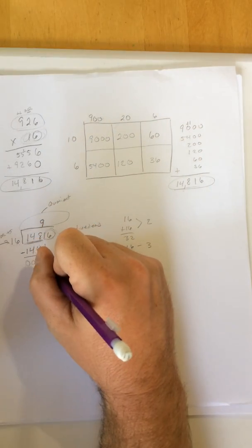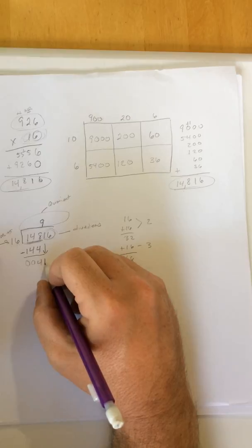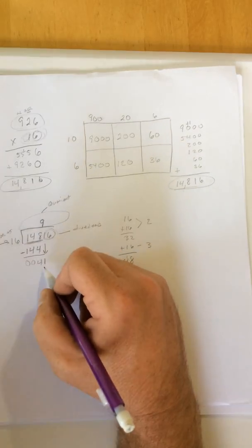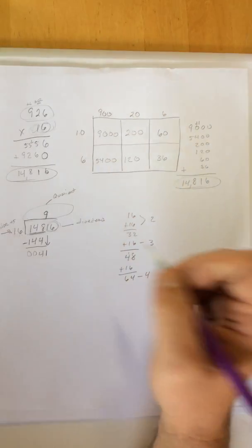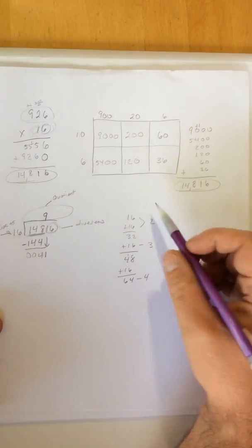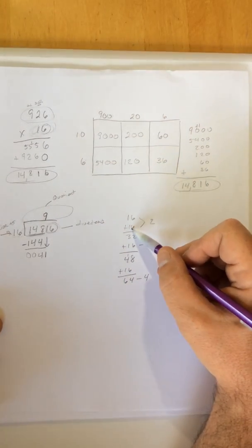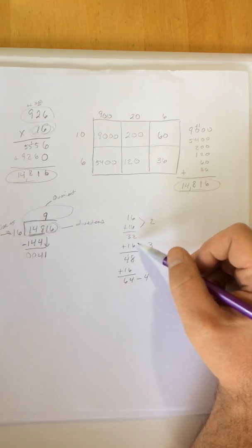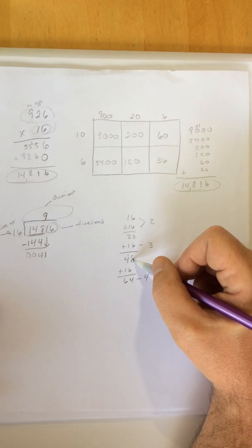I'm going to bring my 1 down and put it next to my remainder. So now I'm not just looking at 4, I'm actually looking at the number 41. Looking at what we started with, we know that 16 plus 16 is 32, so 2 16s, and if I have 3, I get to 48.